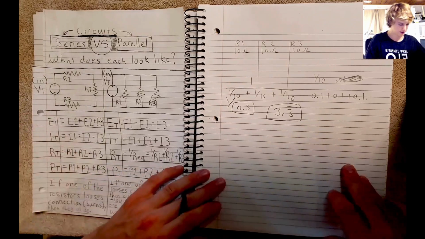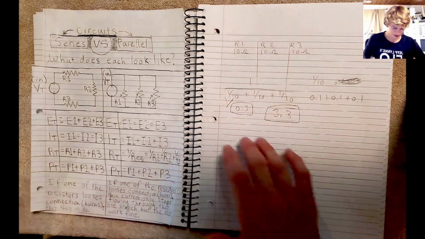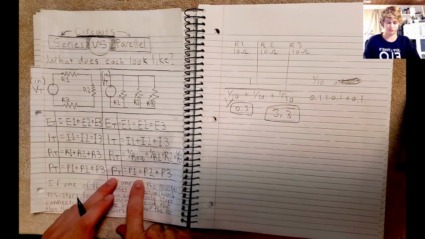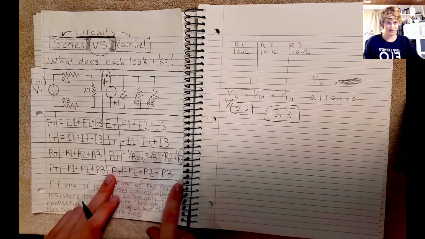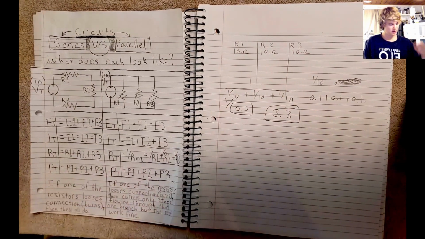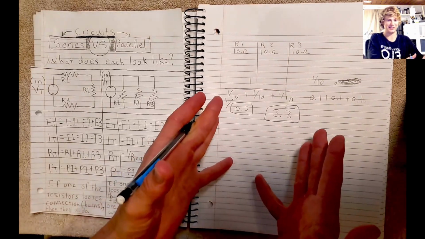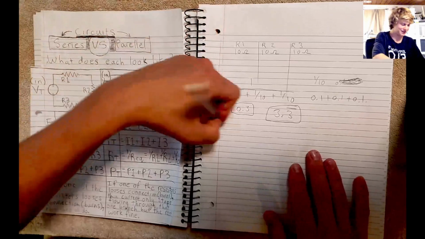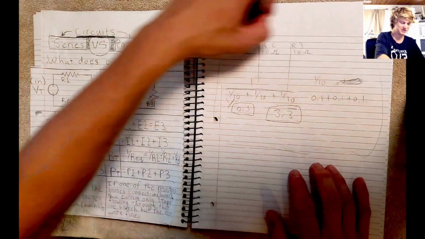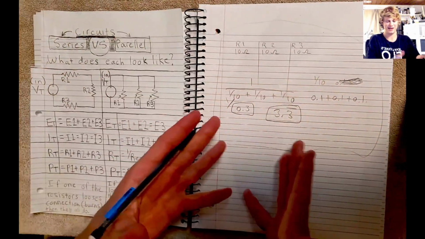Now that we went over the resistances, of course the power for the parallel circuit just adds. So add. As you can see, that took a chunk just to explain the total resistance for parallel circuits. You do that one time and you're going to remember that.